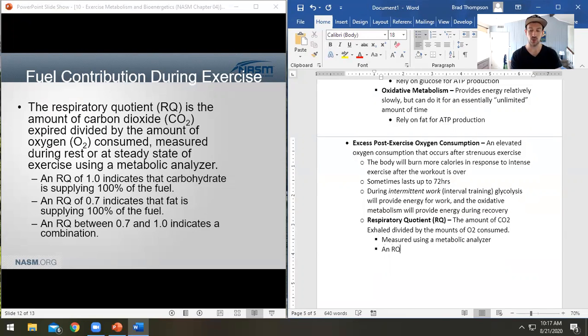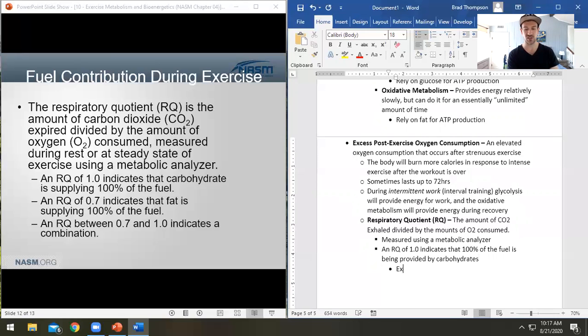An RQ of 1.0 indicates that 100% of the fuel is being provided by carbohydrates. So if you're at an RQ of 1.0, you are consuming strictly carbohydrates during exercise.